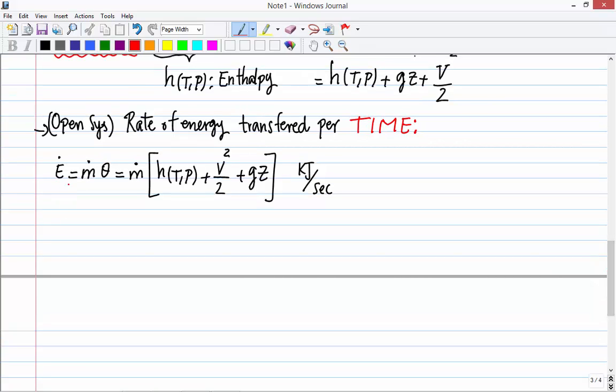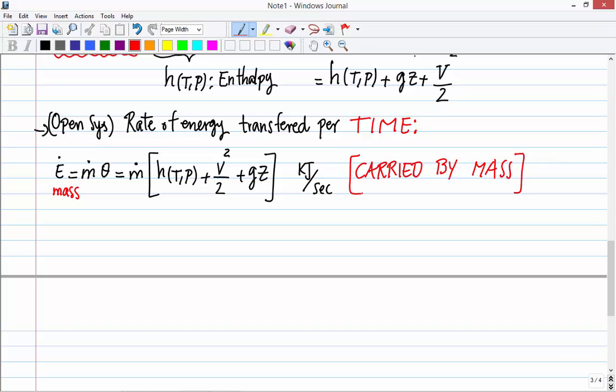So I would add E dot mass, and these are carried by mass.